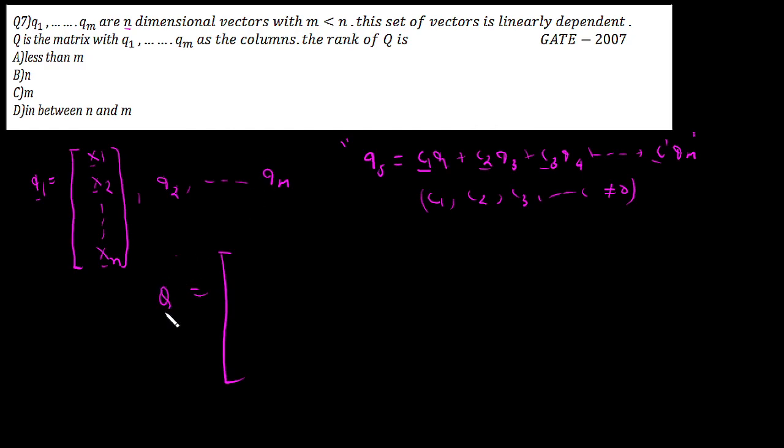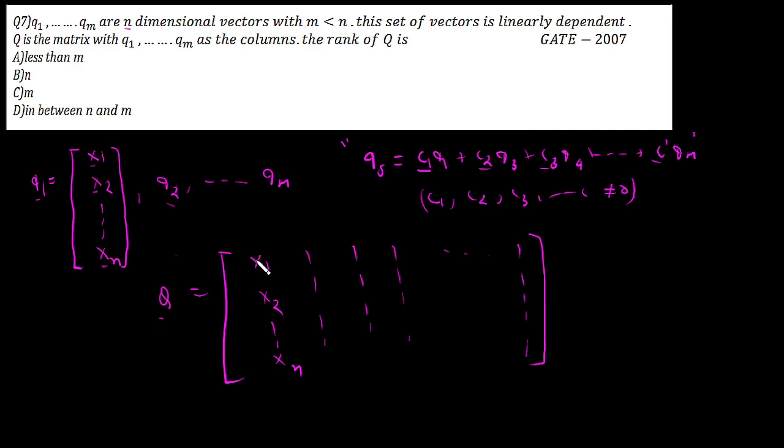So this matrix q is formed in such a way that these vectors form the columns of the matrix. In the same way I have to put the elements of q2, q3, q4 and up to qm, and this is our matrix q.